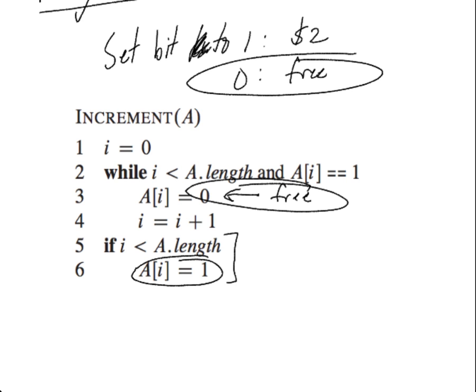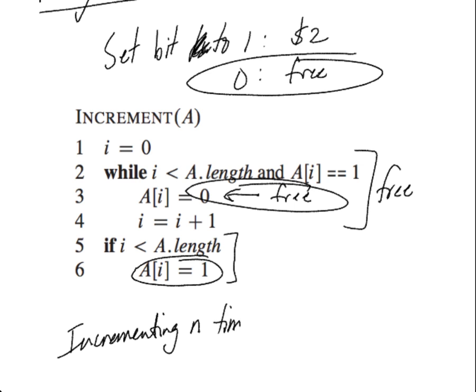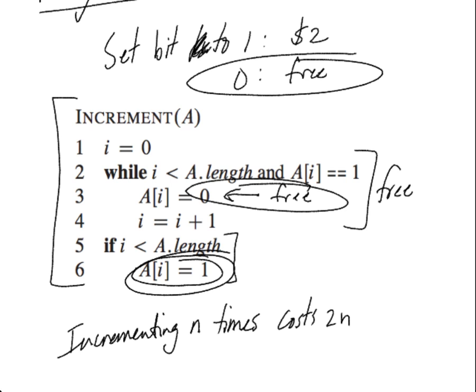So the whole loop is free. And so incrementing n times costs 2 times n, which is the cost of setting a bit to 1, which is the cost of a single increment, right? That's the only cost right there. And that is order n.